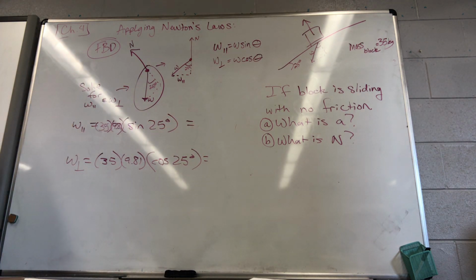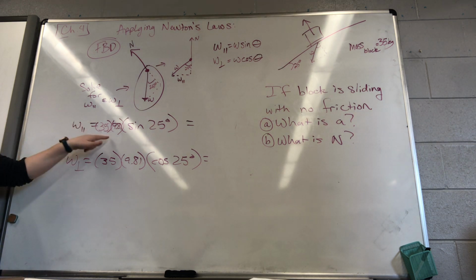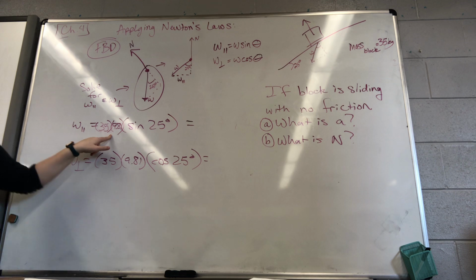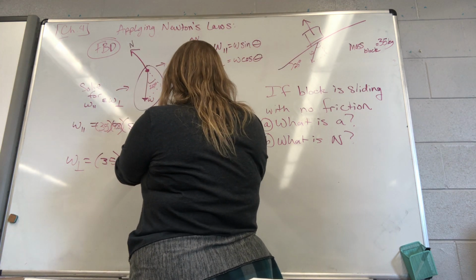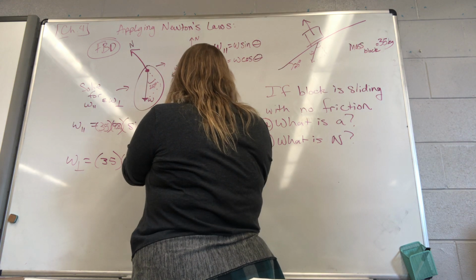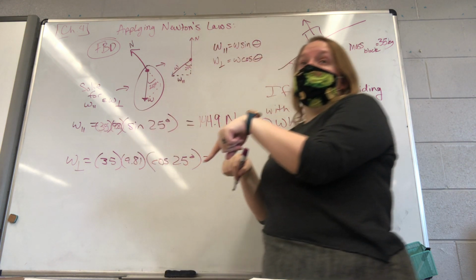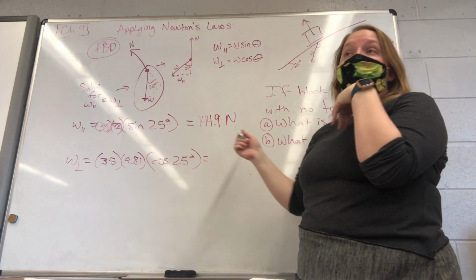That's a big degree. I got 144.9. For which one? This guy? Yeah. Okay. Well, 35 times 9 is pretty big, so that makes sense. Yeah. So 144.9. Remember that these are forces, so they get the unit of newtons.